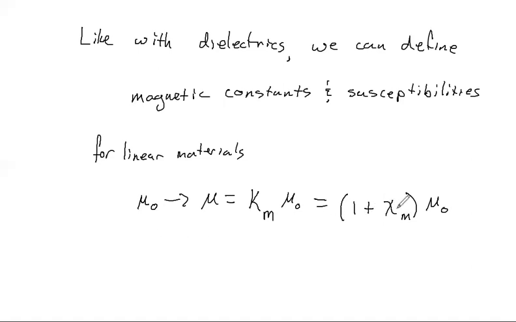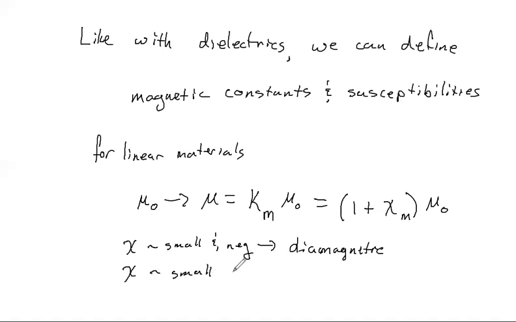If chi is small and negative, that corresponds to diamagnetic. If chi is small and positive, this is paramagnetic.